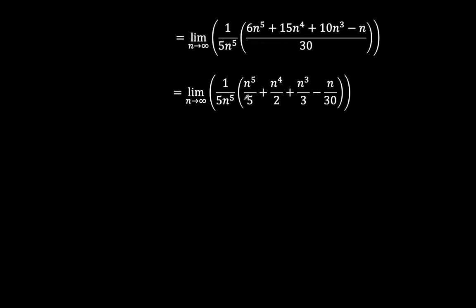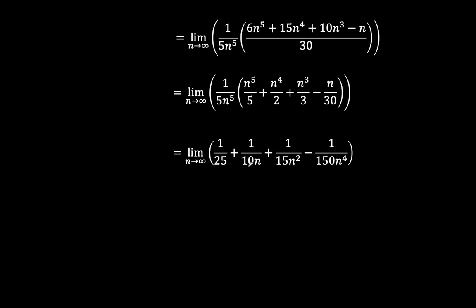So as we go further, we see that this n to the power 5 and n to the power 5 cancel. So we have 1 over 5 times 5, which is 1 over 25. And then this divided by this, we have 1 over 10n. And then this is plus 1 over 15n squared minus 1 over 5 times 30 is 150. And then this n and this cancel, we have n to the power 4.